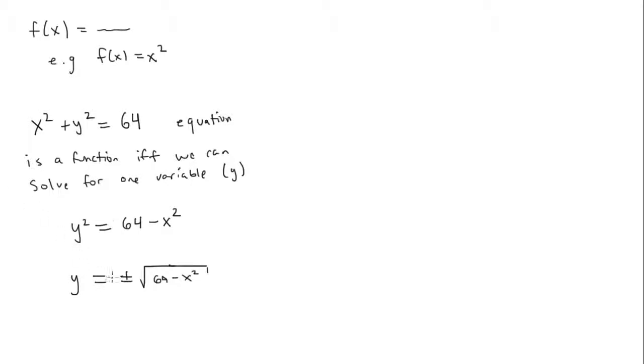Okay, so the plus and the minus is the problem. And it's a problem because this is trying to take a number x and assign it two different values of y, namely the plus version and the minus version. Okay, so that's not going to be a function.